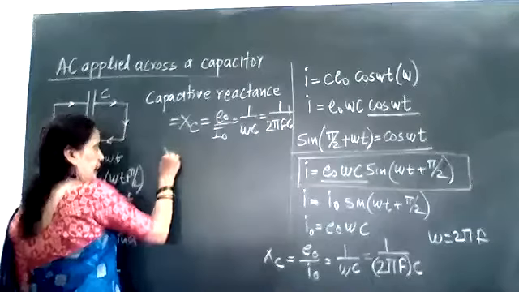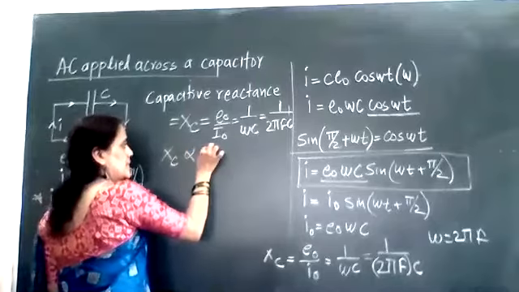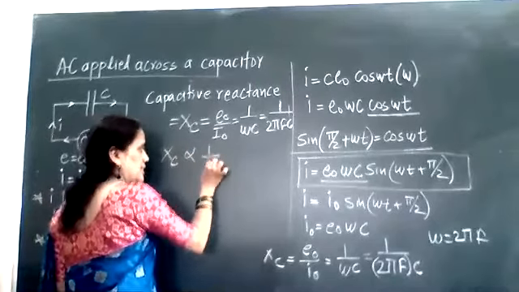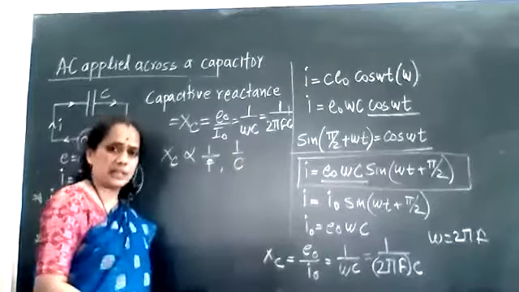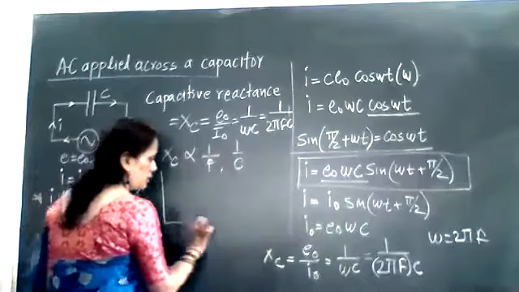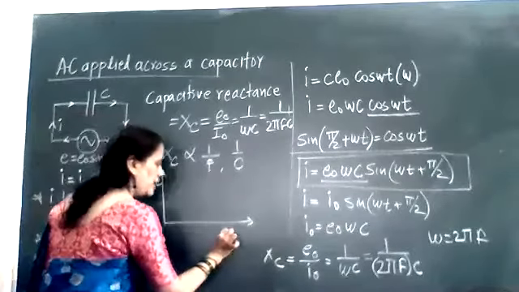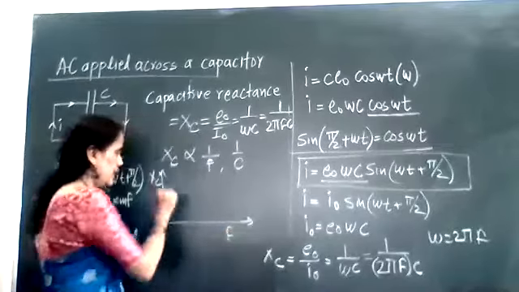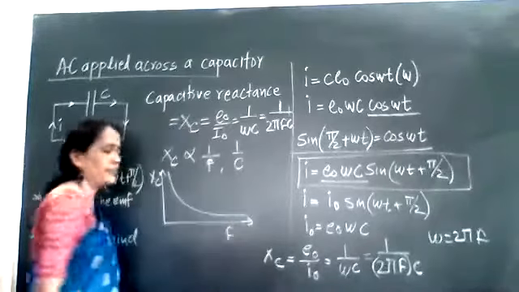Means I can say that capacitive reactance is inversely proportional to frequency. It is inversely proportional to the capacitor. And if I plot a graph of Xc and frequency, the nature of the graph is an exponential decrease.